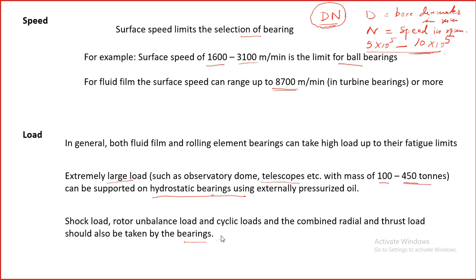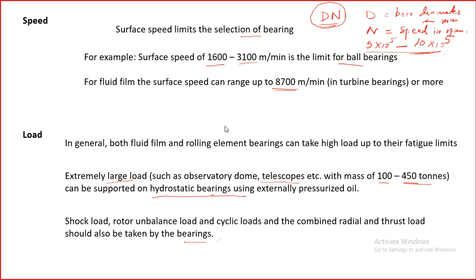Sir, here, which speed are we talking about, which surface? Because for selection of bearing, we don't know which type of bearing it is. So which speed are we talking about? The surface of what?